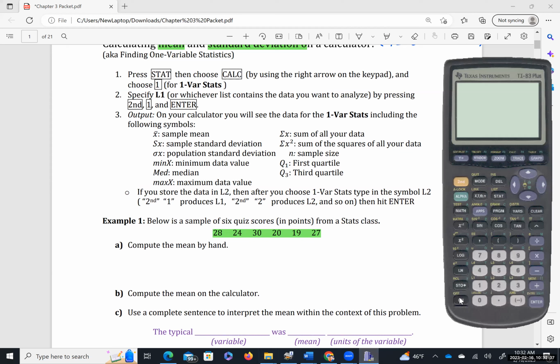So let's see. I'm going to click on Start. I choose CALC, or calculate. All right, and then I choose 1-Var Stats.